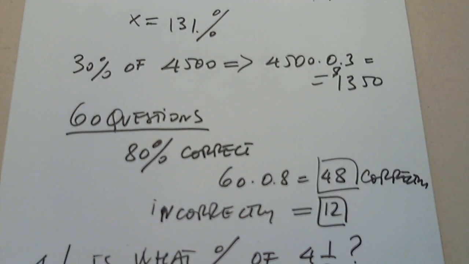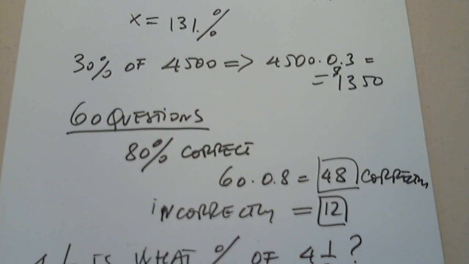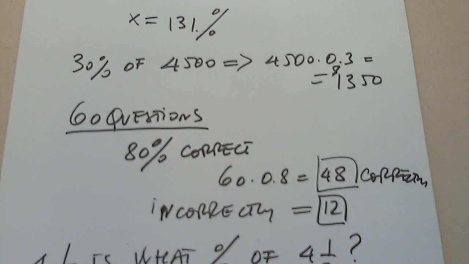Can anyone give us the improper fraction for this and for this? 49 over 12. Correct? So here, this is 48 plus 1, 49. Perfect, you're correct. And here? 9 over 2. Good. Perfect.